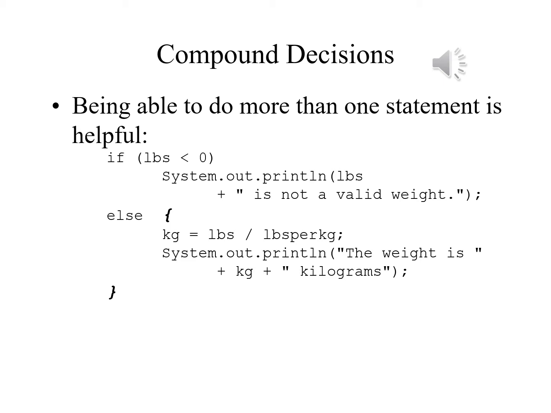If you take a look at the slide, you'll see in the second portion of it, else open brace, kilograms equals pounds divided by pounds per kilogram. System.out.println, the weight is kg kilograms. There is an open brace before calculating kilograms. There is a closed brace after printing it. That means that both of these statements are performed at this point.